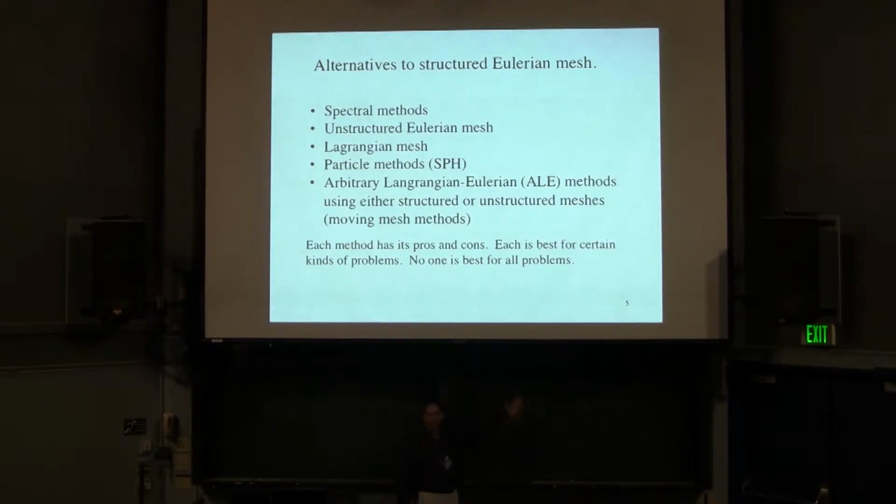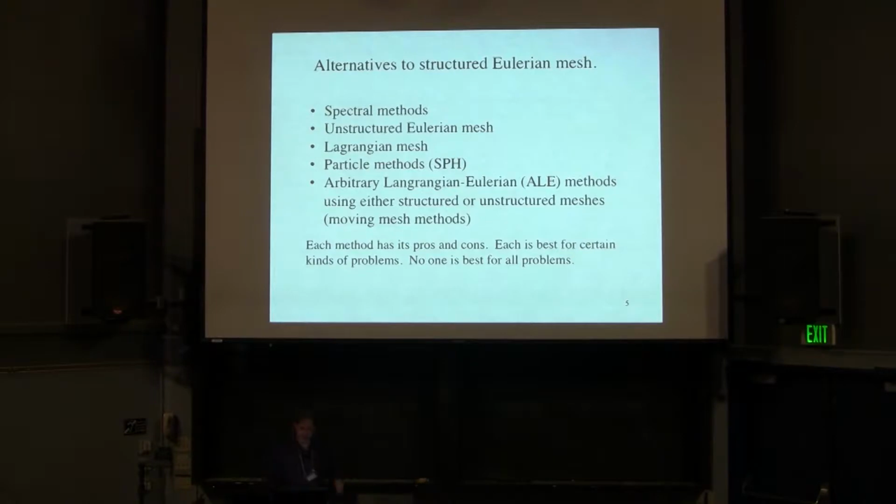Not in a fully Lagrangian sense, well, they could if you wanted to. You could let them go fully Lagrangian, or you could keep them fixed, or move the mesh somewhere in between a fixed Eulerian and Lagrangian. So it allows you complete freedom in how you move the mesh around. That's what I would say modern moving mesh methods are really doing. They're a class of ALE methods. And ALE methods are also extremely popular in the engineering community and widely used in many other communities.